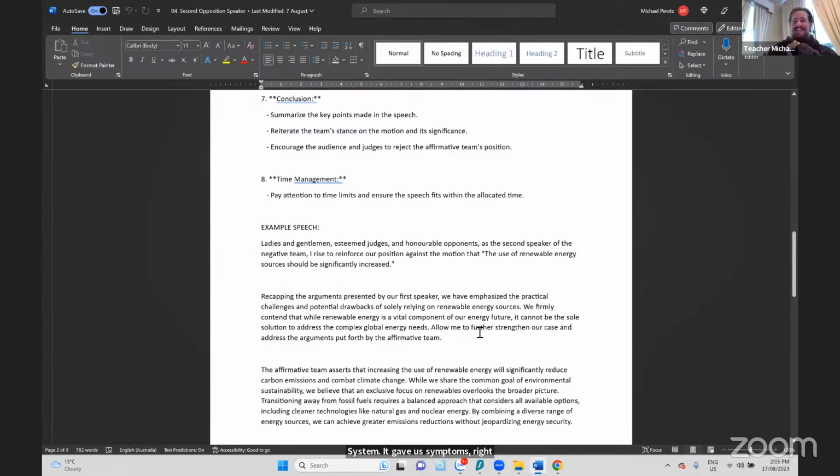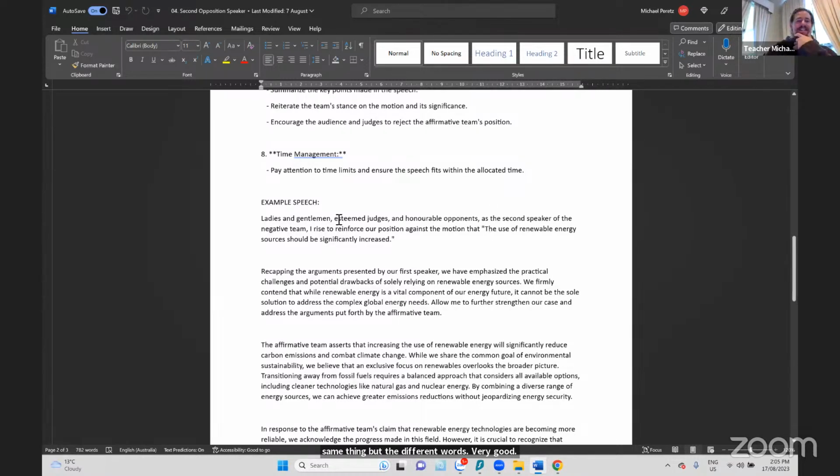Very good. See, Andrew is already using more formal English. Instead of me saying it gives you other similar words, Andrew said it gives you synonyms, words that mean the same thing but are different words. Very good. So let's have a look at this first sentence here.